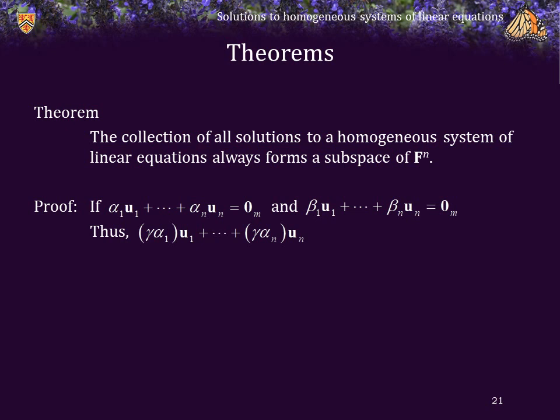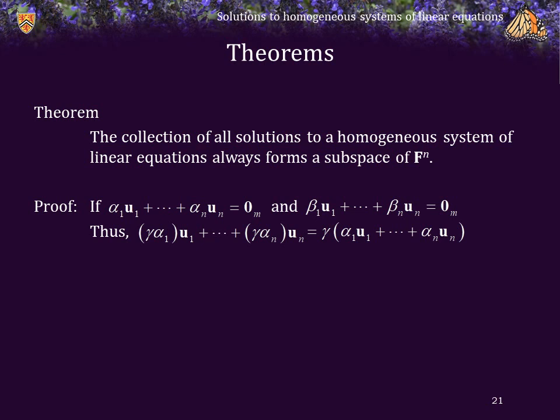Therefore, let us see what happens if we take the linear combination of the vectors u1 through un with the coefficients gamma times alpha 1, gamma times alpha 2, and so on. Using the properties of vector addition and scalar multiplication, you will find that you can factor out the gamma from the linear combination.